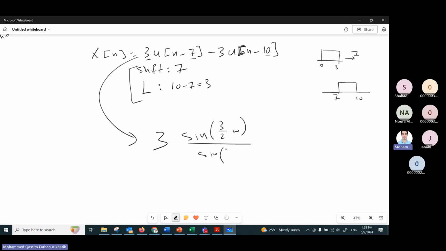All right, sine 1 over 2 omega e to the power minus j omega, L minus 1 over 2: 3 minus 1, 2 over 2, that's omega. Times e to the power minus j omega 7, that's from the shift.